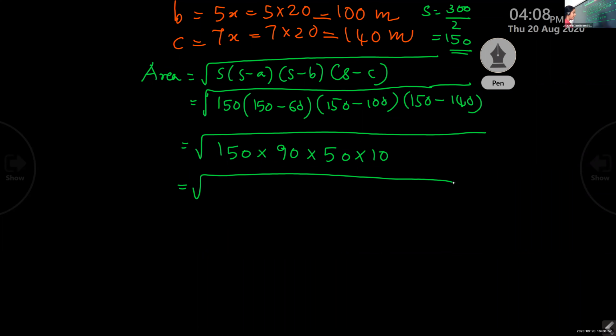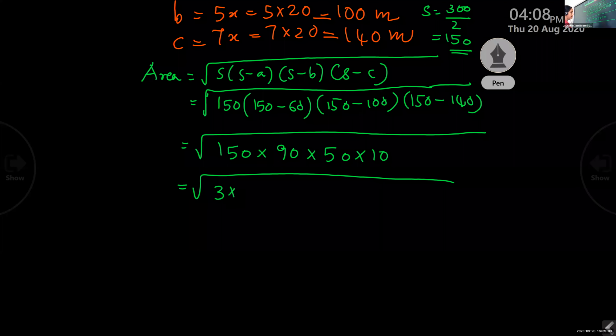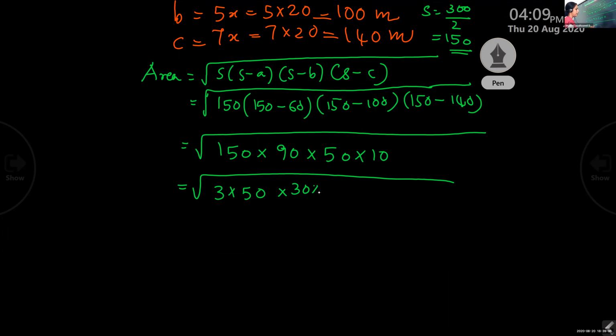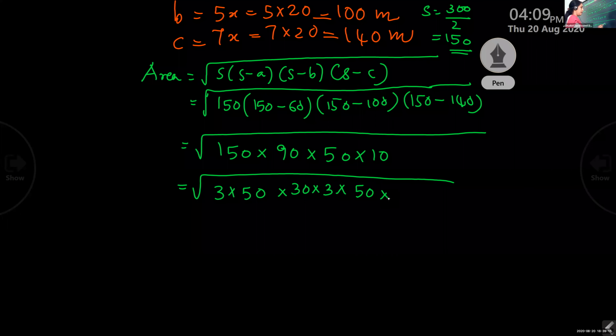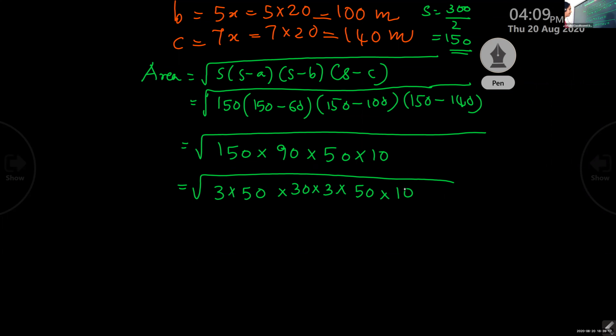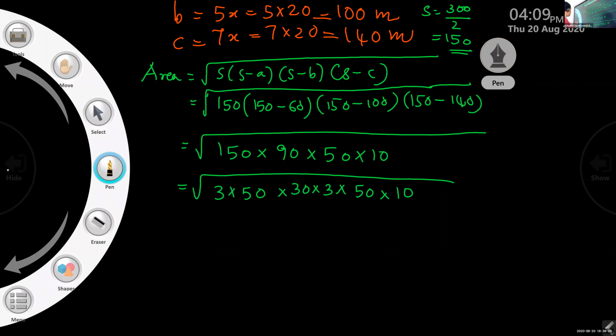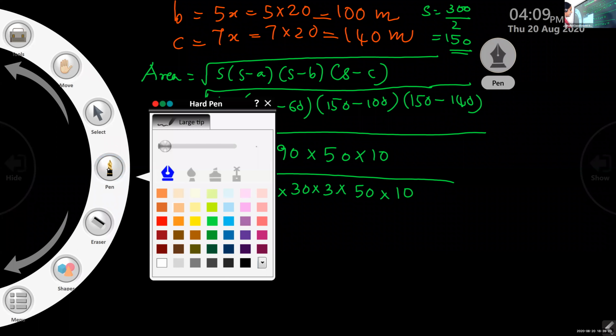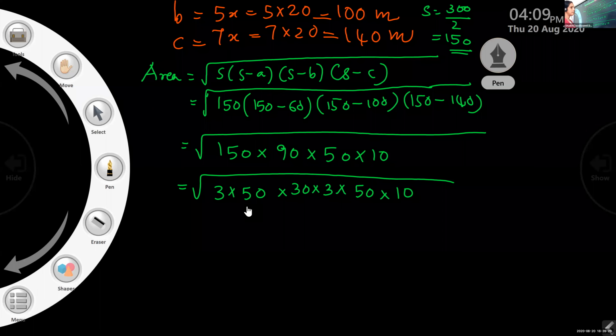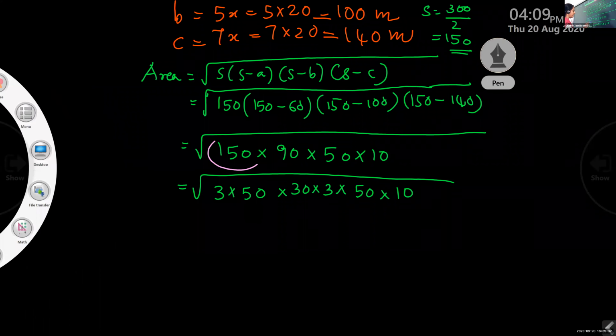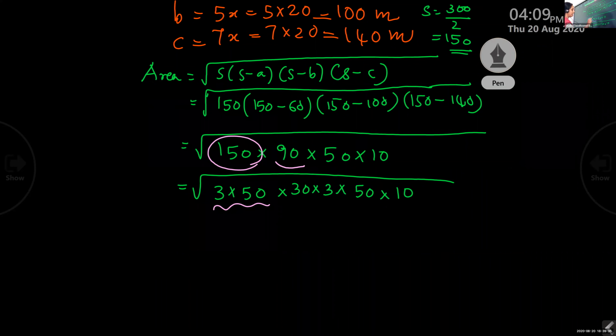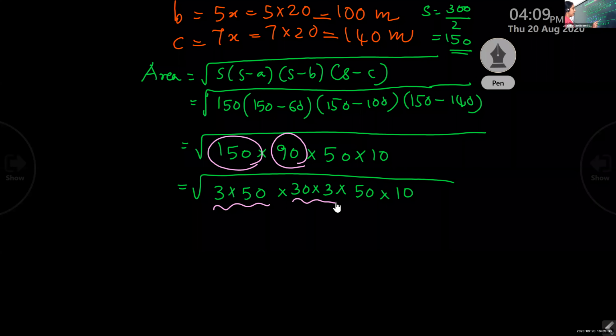You can take 150 as 3 into 50 and 90 as 3 into 30, and again 50 and 10. You can write like that. If you factorize into single and simple factors, it will be a long process. Instead of that, you can write like this: 150, 90, and 50, 10.